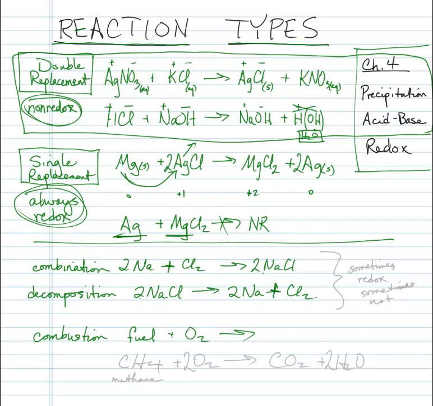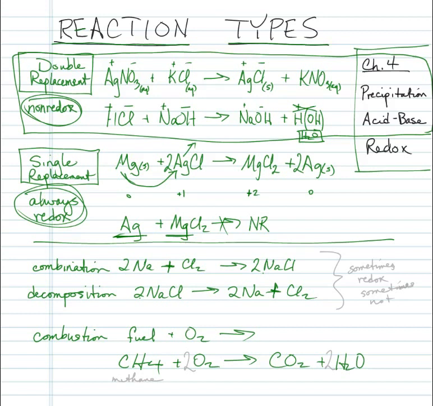But typically when you think of combustion or burning, you're thinking of some kind of organic compound with carbons and hydrogens in it, and it's reacting with oxygen from the air, and we typically make carbon dioxide and water if we're getting complete combustion, which we always want to have, at least.